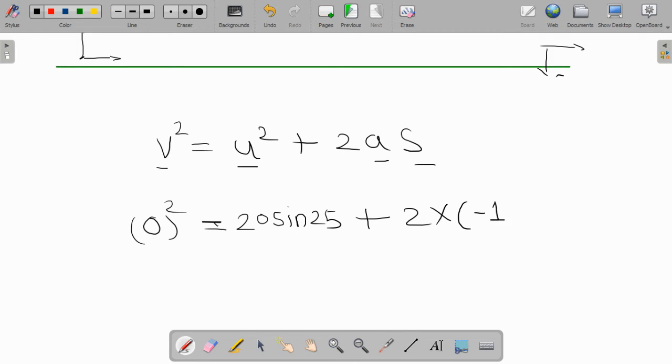Let's take it as minus 10 for simplicity. In reality, it is 9.8, but let's take it as minus 10 for simplicity of calculations. And displacement is what we are asked to find out. So we will just have to rearrange this. So this 2 into minus 10 into s can go this side and become 20s is equal to 20 sin 25.